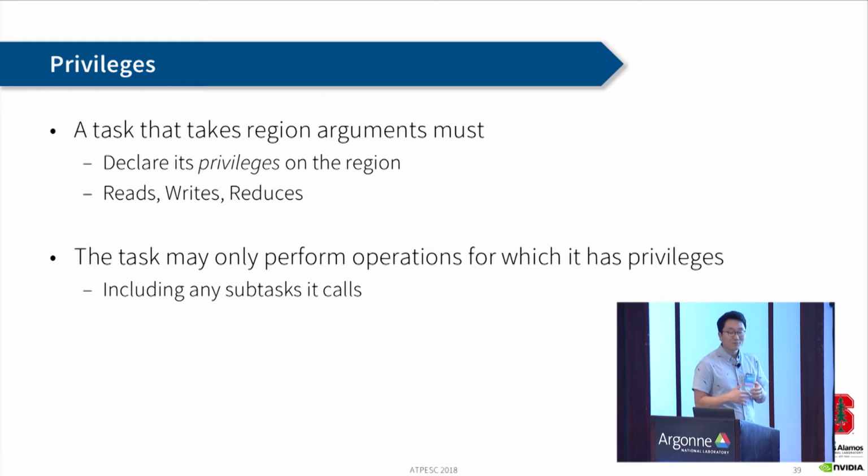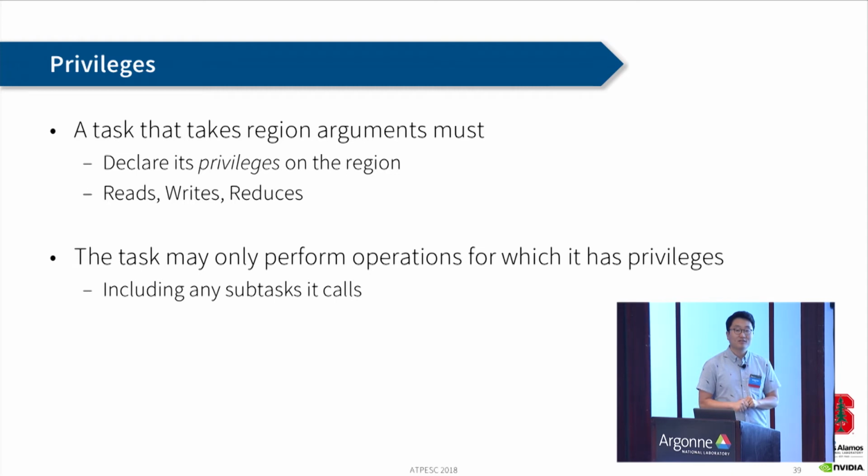So if a task has a read privilege on a region, then the task can read the value. And if a task has a write privilege, then it can write to the region. And this must be declared in the program so that the runtime system can do the dependence analysis at runtime. And there's a special kind of privilege called reductions.